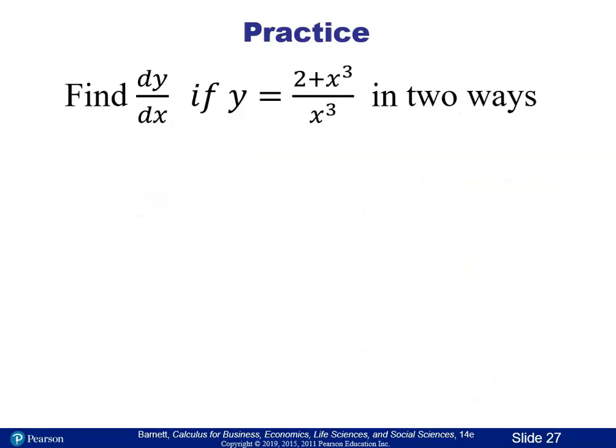Okay, if we've got this and we're asked to find the derivative in two ways, one way would be the quotient rule, and the second way is going to be the bunny ears.